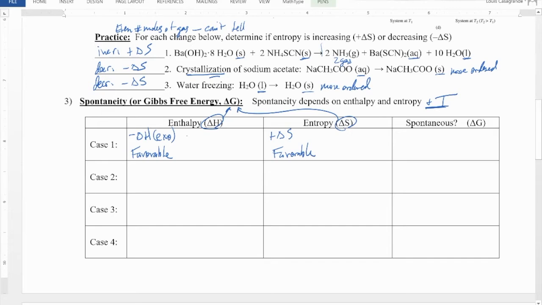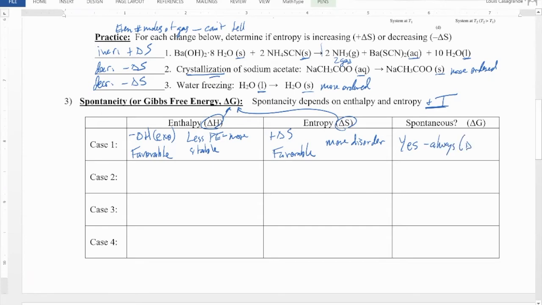There's less potential energy. It's more stable. In the delta S, there's more disorder. So those two things combine to make something that is always spontaneous.